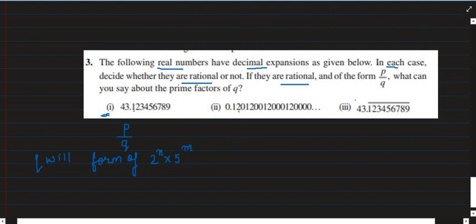In the next number, it's non-terminating. Also there is no pattern, so it means it is an irrational number.